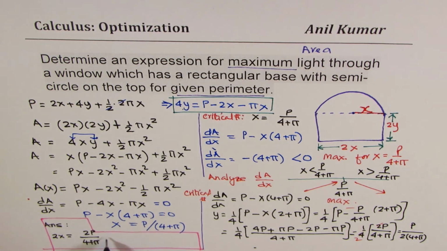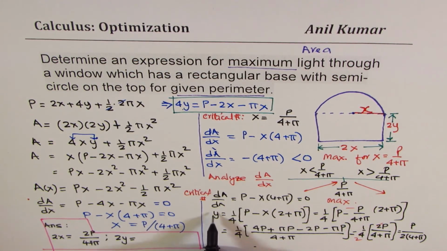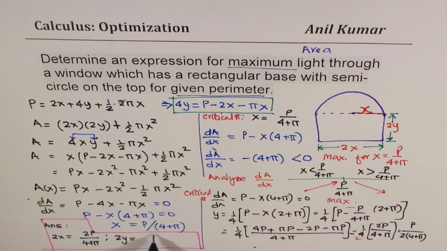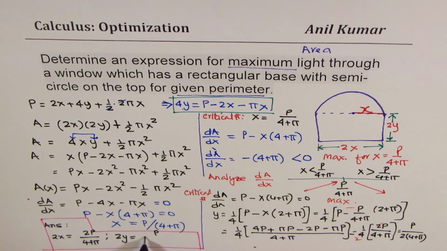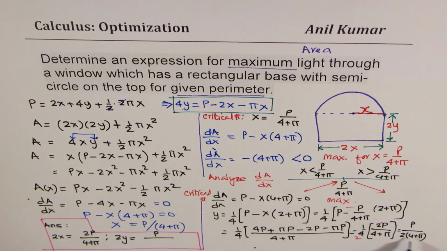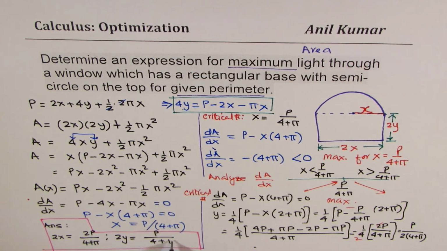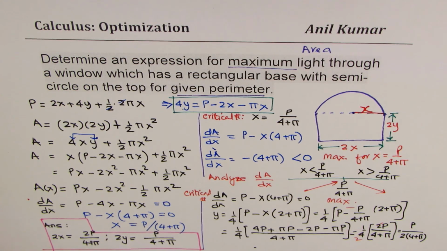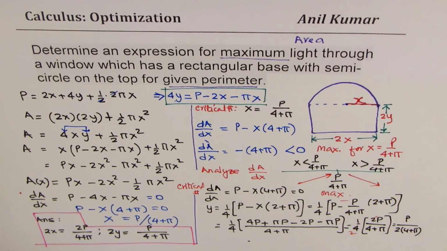And 2y is equal to, let me multiply this by 2, this 2 will cancel then, so it is p over 4 plus pi. So that gives me the dimensions for the window, which will have maximum area for the given perimeter. Perfect. So I hope that makes sense.